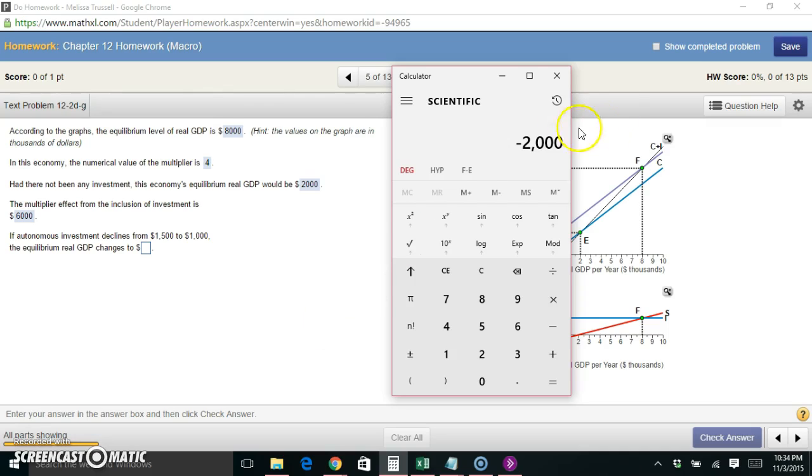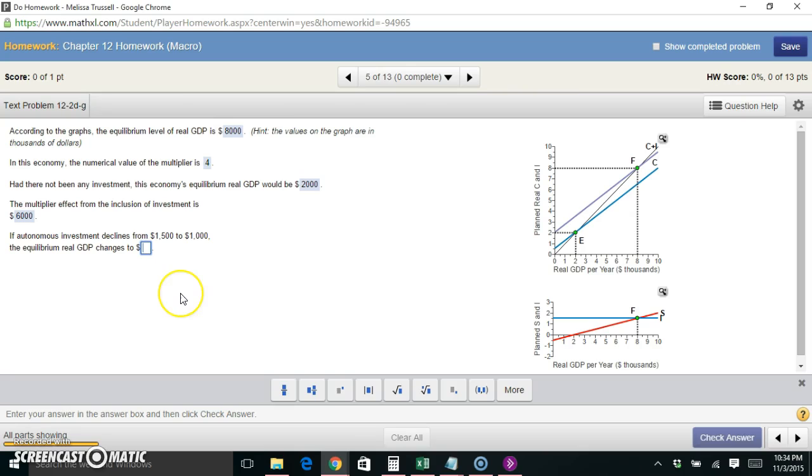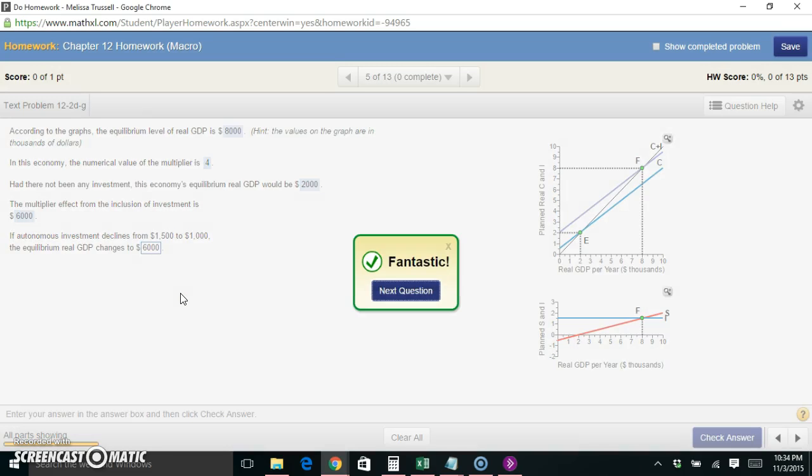My change in GDP is a negative 2,000, which means GDP will go down 2,000 from where it was with our original level of investment, which was 8,000. So our new GDP is 8,000 minus 2,000, which is 6,000. And we're done with this question.